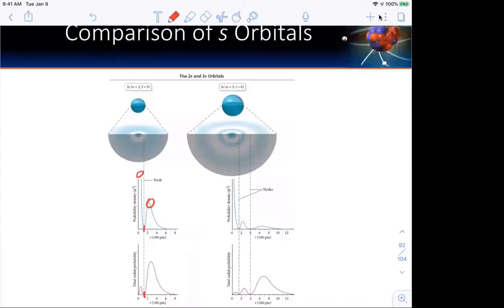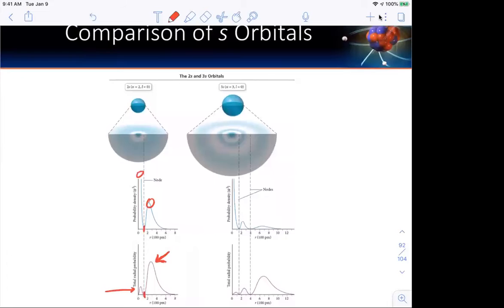I have a small chance of finding it close to the nucleus. I have a larger chance of finding it a little bit farther away from the nucleus in my second orbital. Because remember, my 1s orbital is there also, so that orbital space has already got electrons. As I go to the 2s orbital, I am making more space around the atom so I can populate it with other electrons.